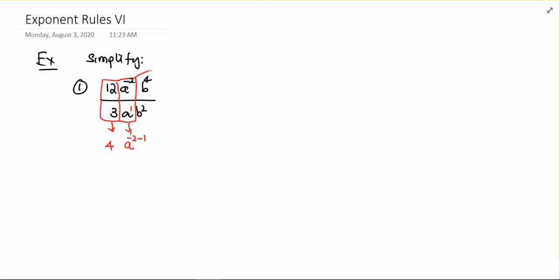And then this is easier, that is b to the 4 minus 2, and so that works out as 4a to the negative 3, b to the second. Now we can't leave the negative exponent as your final answer, so we're going to simplify that, or move it. So it's really 4b squared over a to the 3.